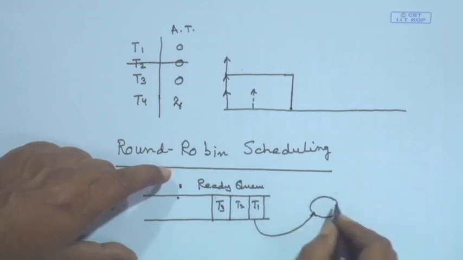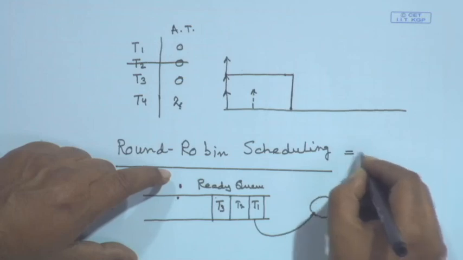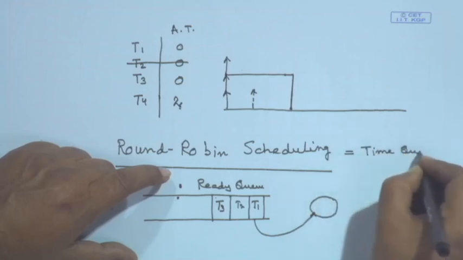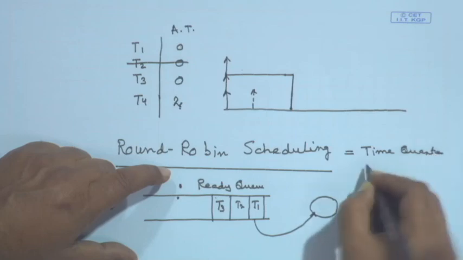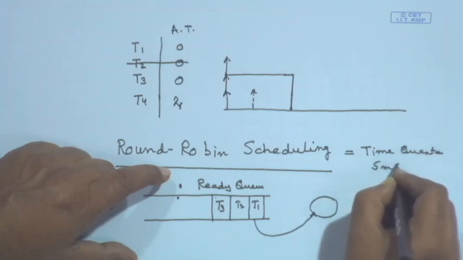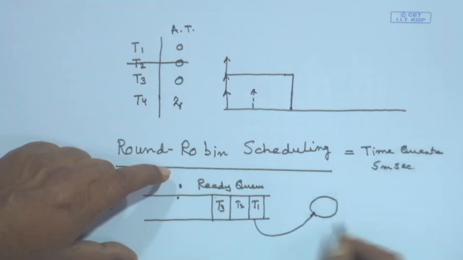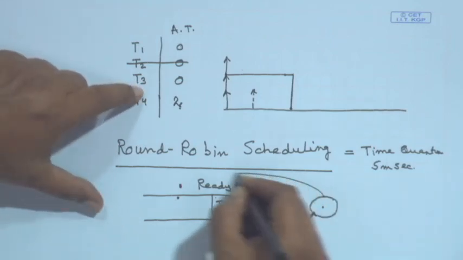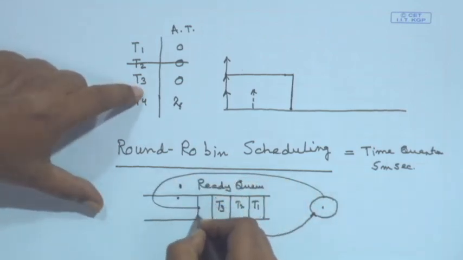Suppose I take this task and give it to the CPU. Then along with this, in a round robin, I usually associate a time quantum, say for example, typically 5 millisecond. So, this job will run for 5 millisecond. It will either complete if its execution time is less than 5 millisecond, otherwise it will join back the queue, all right.